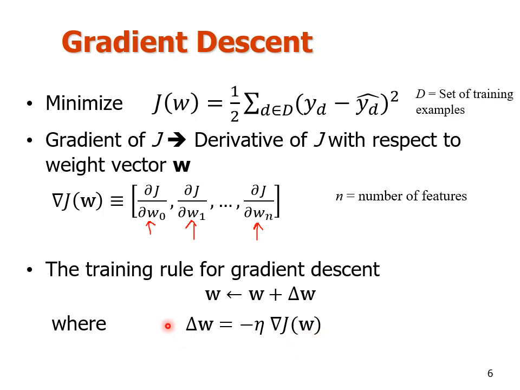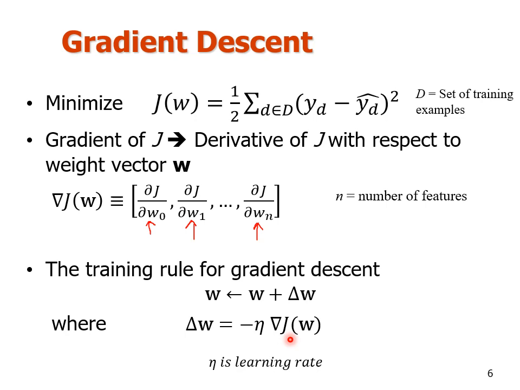As we know, this eta is the learning rate, which is a small positive constant that determines the step size in the gradient descent search, and typically this eta value is small, so that by making tiny steps we can reach the minima. Here we have this negative sign because we want to move the weight vector in the direction that decreases j.